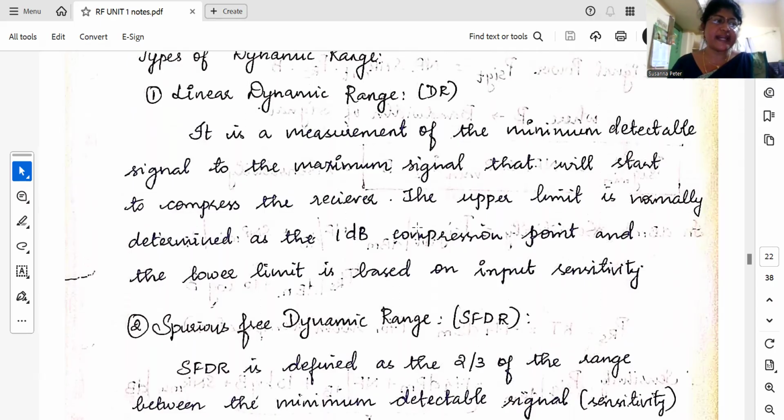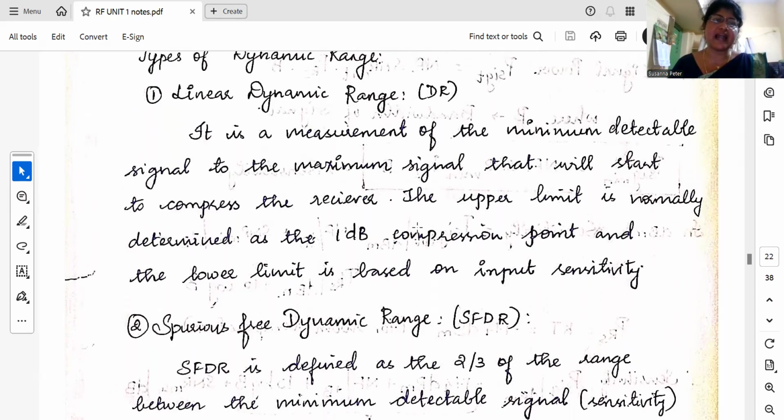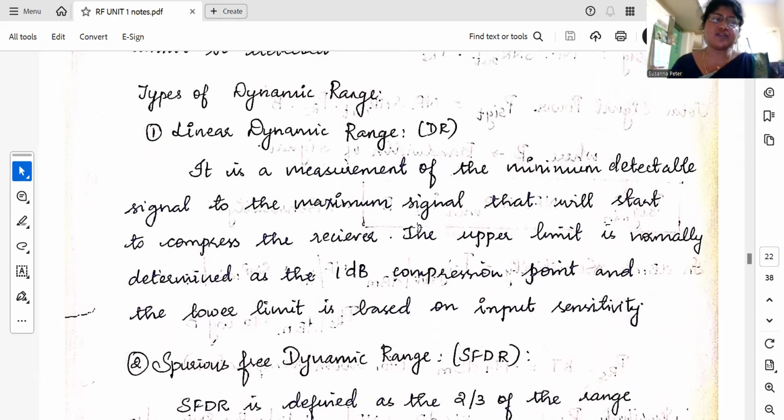We should also know why dynamic range matters in RF systems. It determines how well an RF system can handle weak signals in the presence of strong nearby signals. There will be some minute signals, and even those could be important to a particular system, so even that minimum signal should be handled by the RF system.